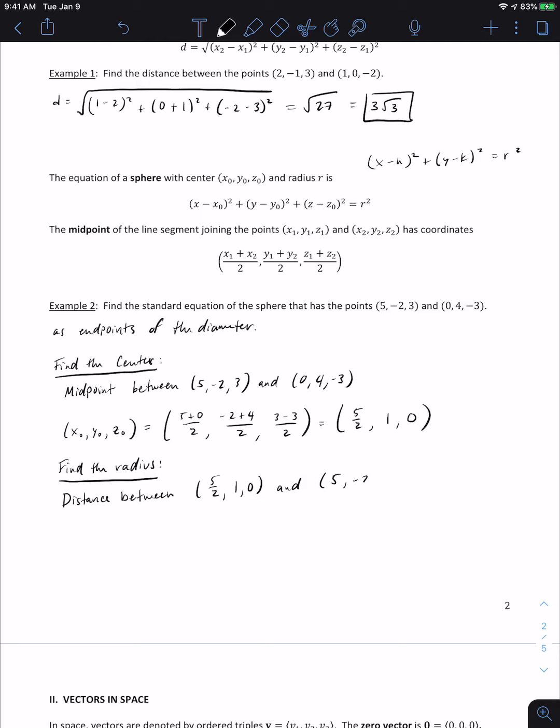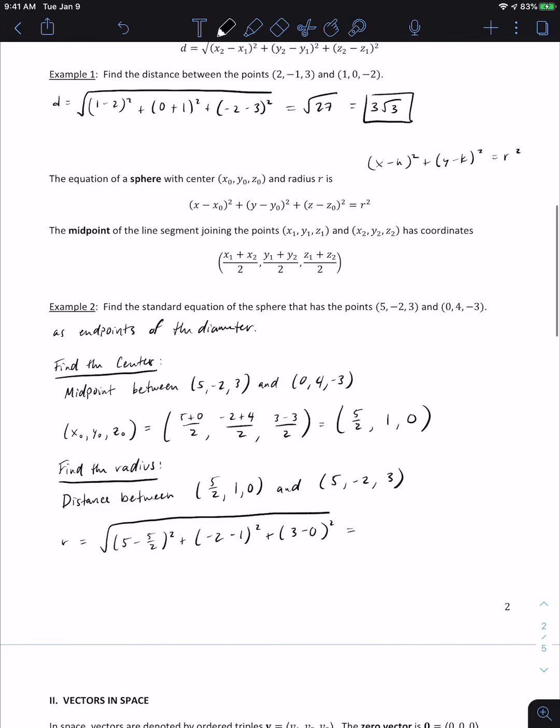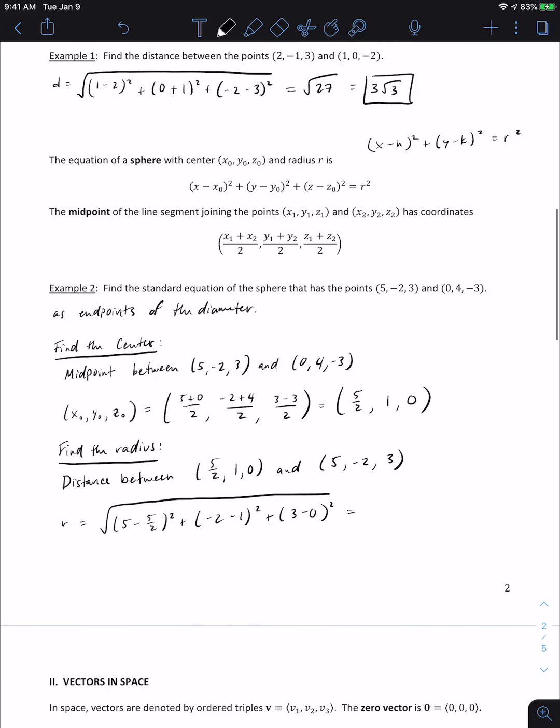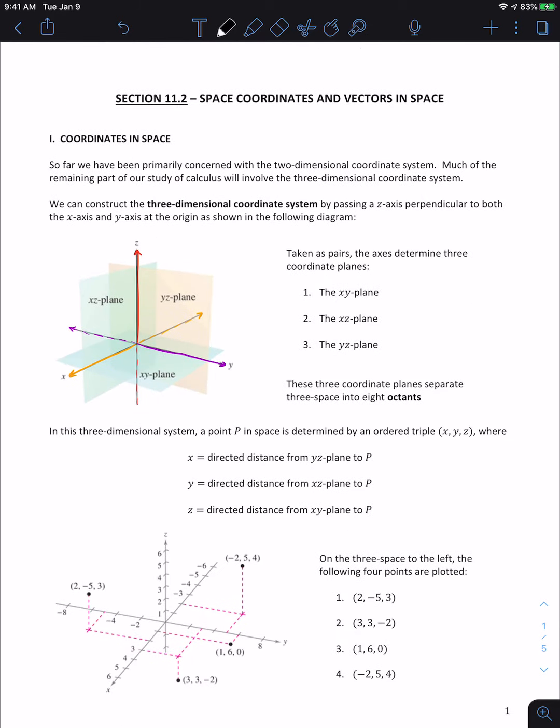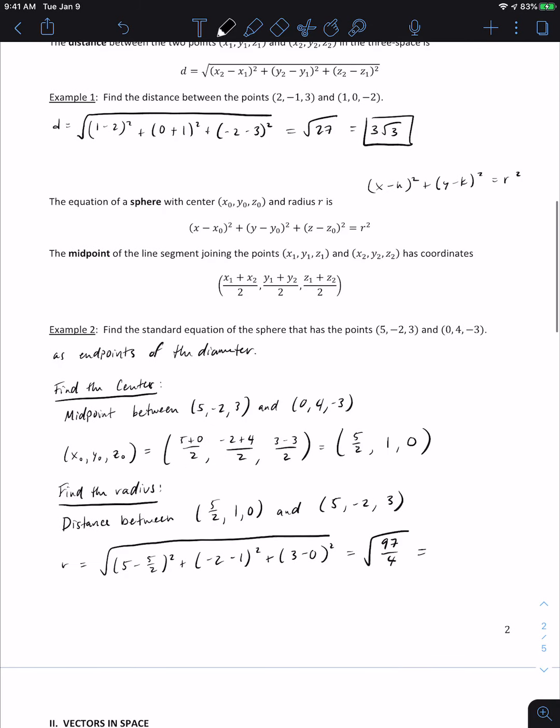So let's just go with the first point, 5, negative 2, and 3. So my radius is going to be 5 minus 5 halves squared plus negative 2 minus 1 squared plus 3 minus 0 squared, which if I subtracted all that up, squared it, and then added it, I'd end up with the square root of 97 over 4, which is radical 97 over 2.